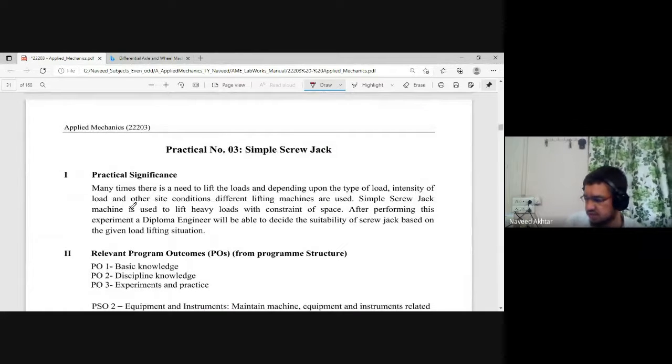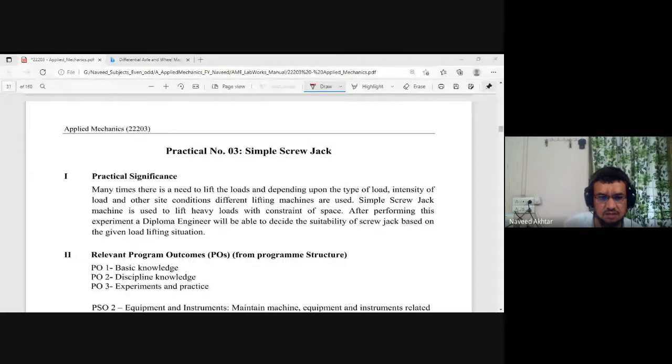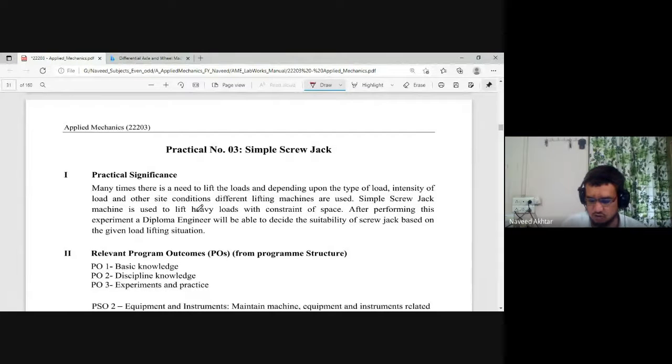Now the third experiment we will see: the simple screw jack. Generally, you have seen the simple screw jack is used for lifting, that is, it is used to lift a car when the wheel is punctured.